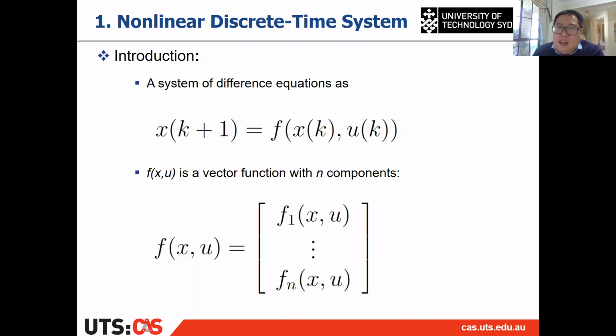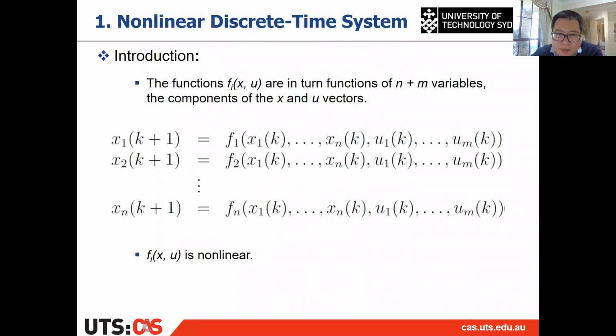Then f is a nonlinear function, or a set of nonlinear functions if x and u have multiple dimensions, right? So this is a general formulation of a nonlinear discrete time system. It's about that, all right?